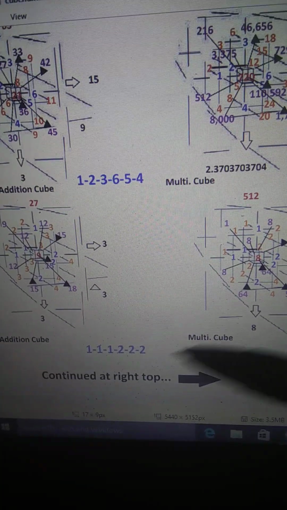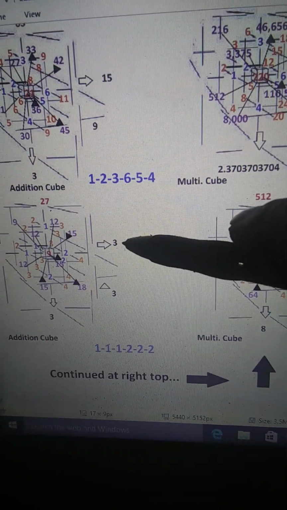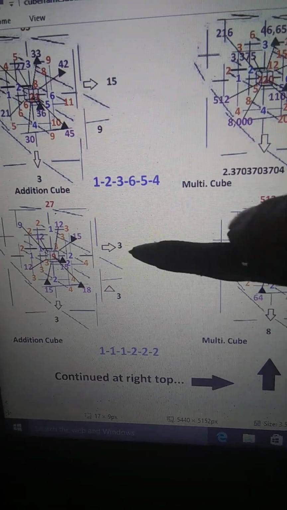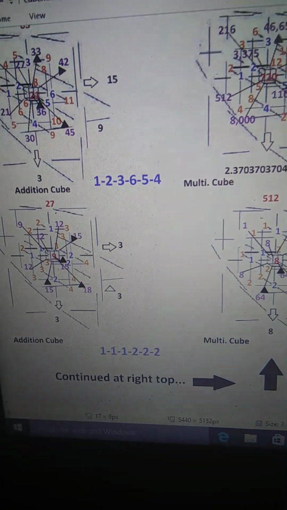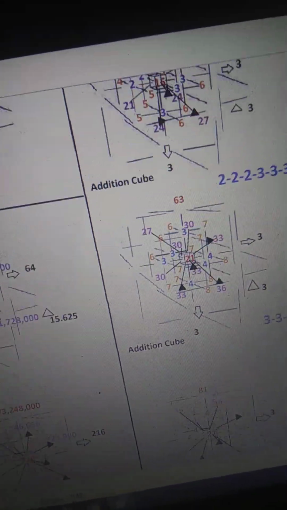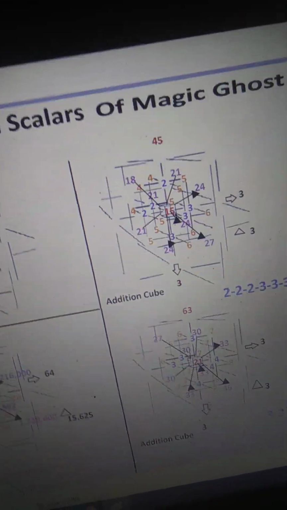These are the second order vectors. I put arrows going across, arrows going straight through, and arrows going down. Let me go on to these other ones real quick to show the first order vectors.